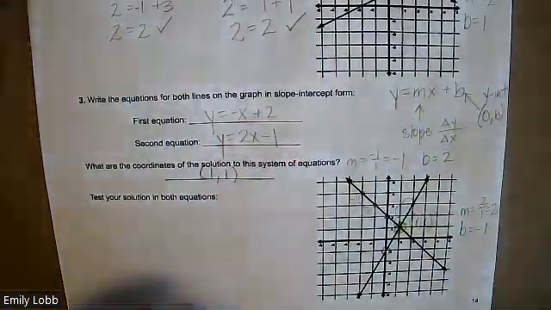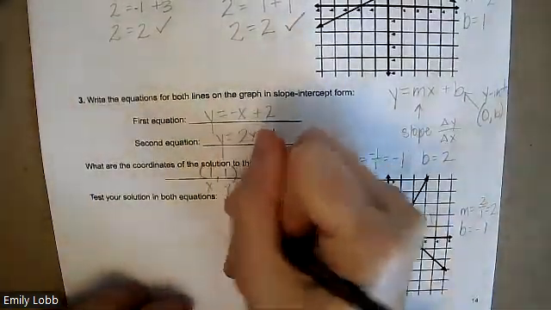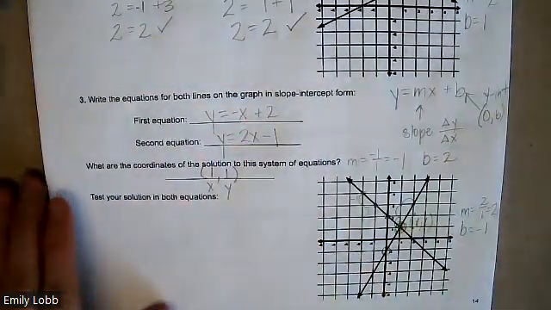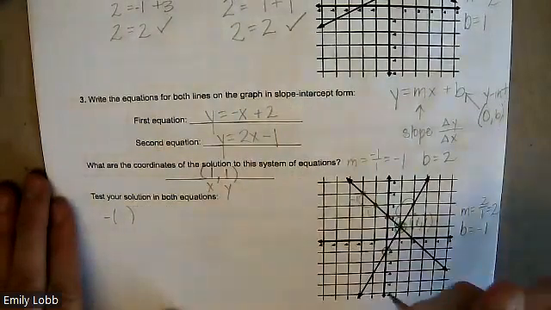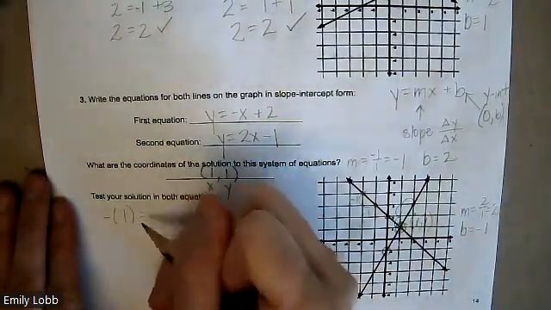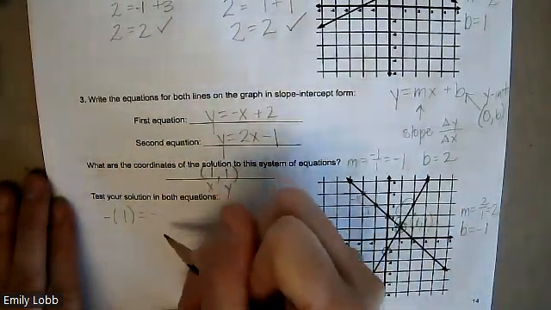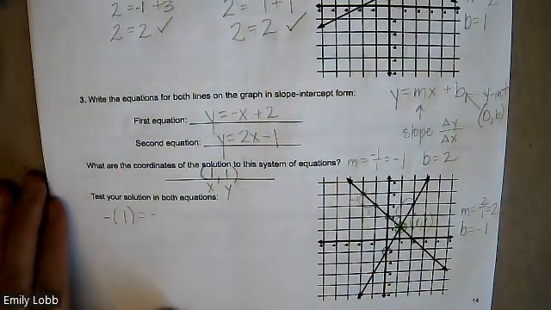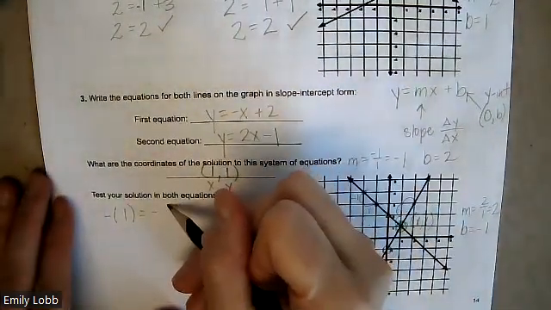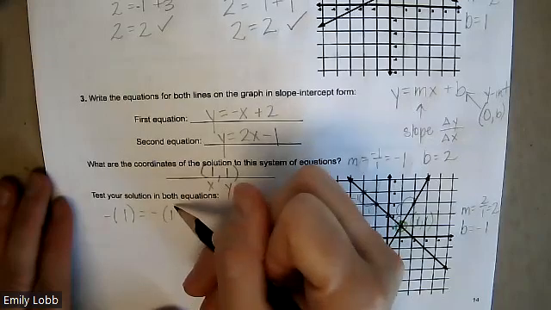And now I'm putting this x value and this y value into these two equations. So I'm saying negative 1 is equal to negative, is that right? Something's not right.